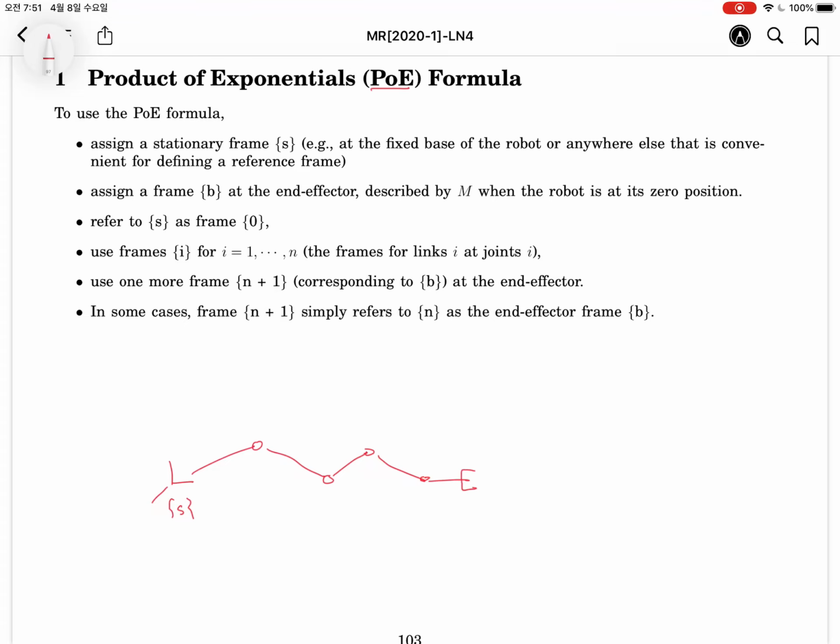Anyway, the last will be the end effector frame. This will be denoted by the body frame B. Okay, so in many cases, the zero frame will be equal to each other, and this is the first.